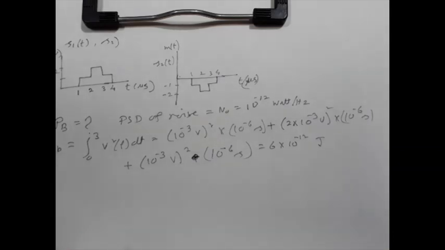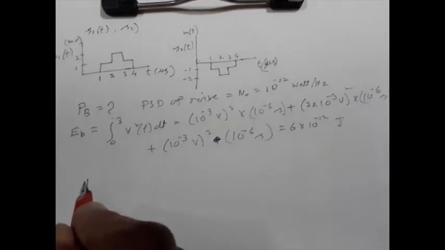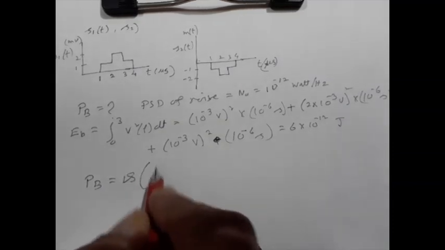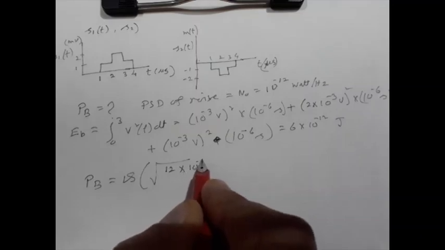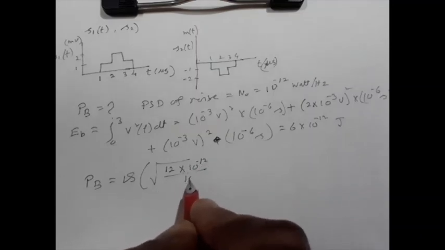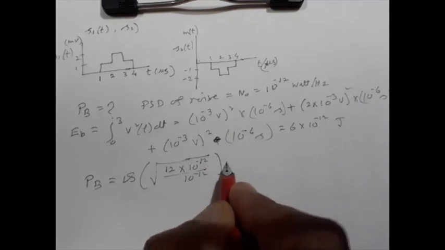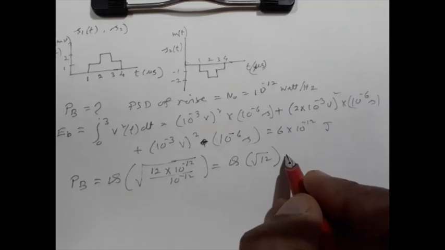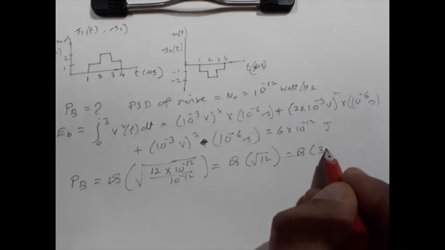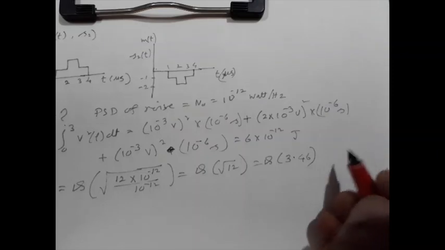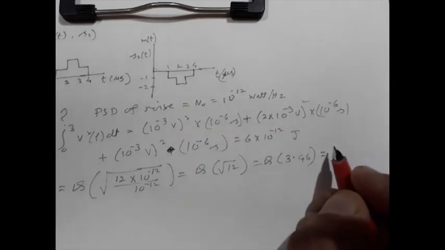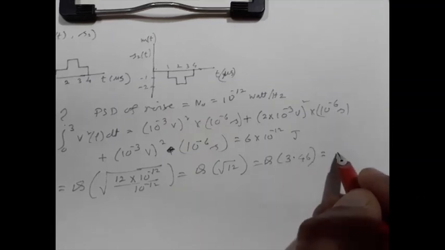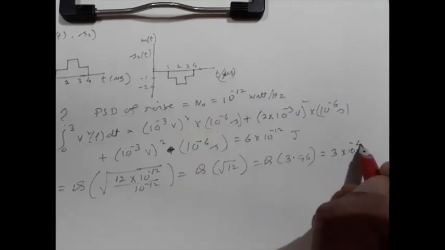So PB, for which we have already determined the expression, for an antipodal signal is Q of root over 12, that means Q of 3.46, and from the table we can determine that the value of Q for 3.46 is 3 into 10 to the power minus 4.